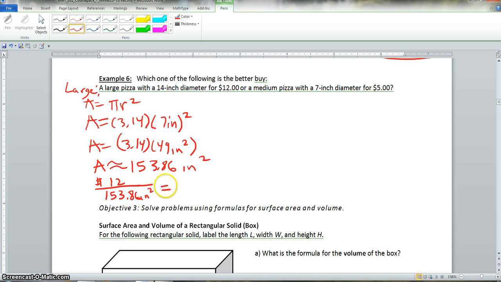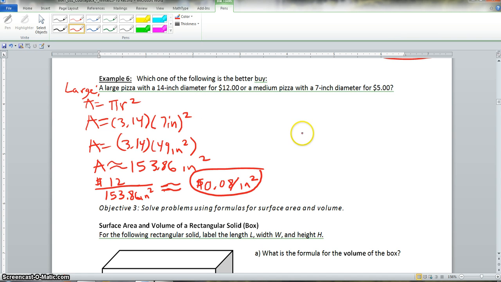Now, when you divide this out, we're going to do an approximation, and you would end up with approximately 8 cents per square inch. So that would take care of the large pizza.